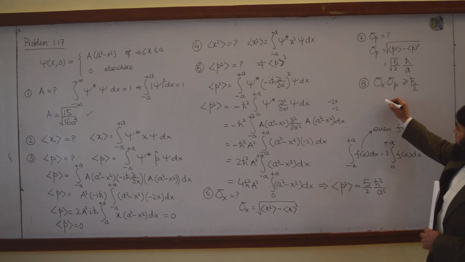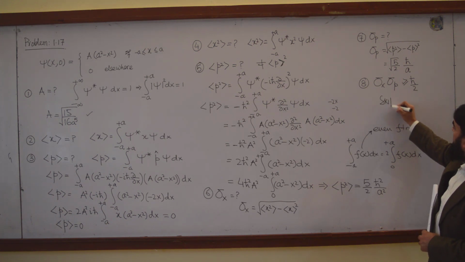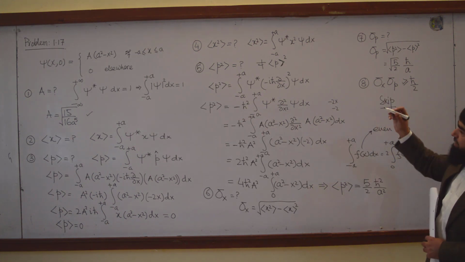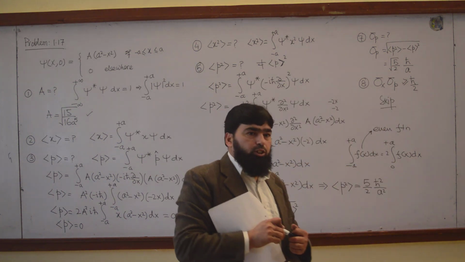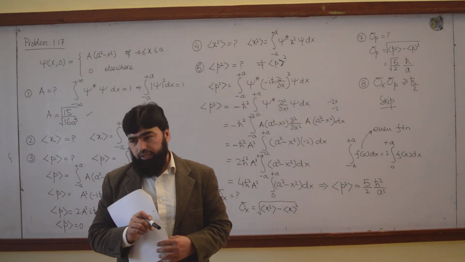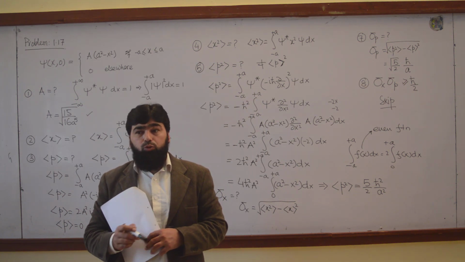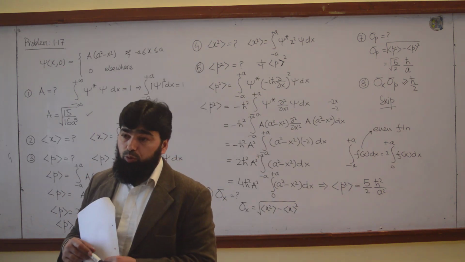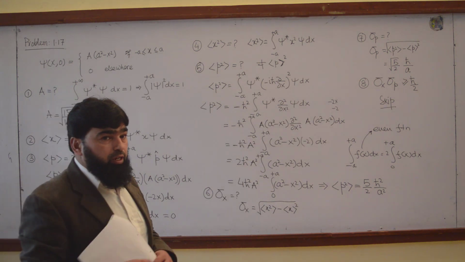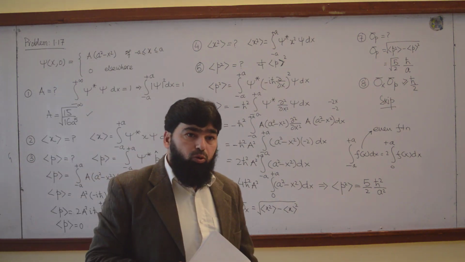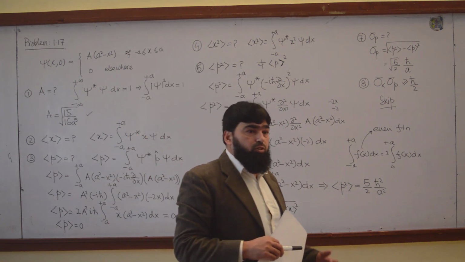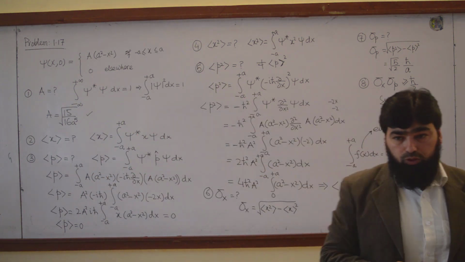But I will skip this one, as I skipped the Heisenberg uncertainty principle earlier, because it is too early to understand that thing. So we will leave it to chapters 2 and 3, and over there when our knowledge of the quantum mechanical operators is complete, then we will do that as well.